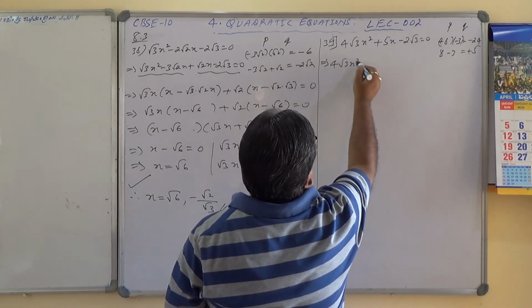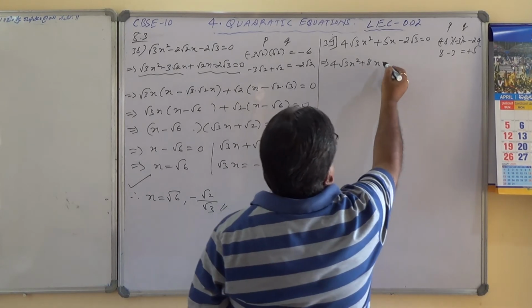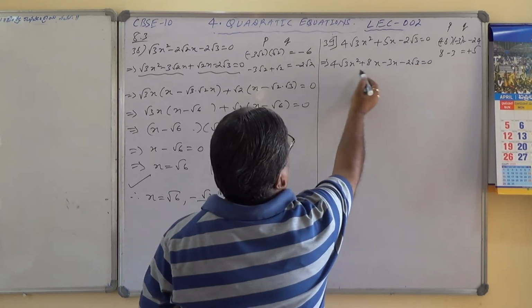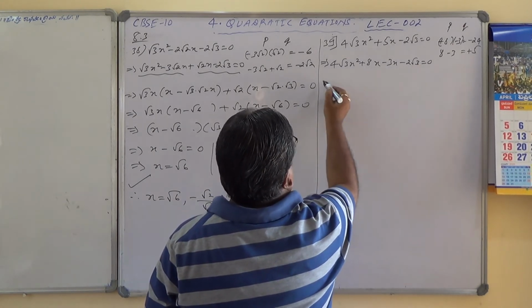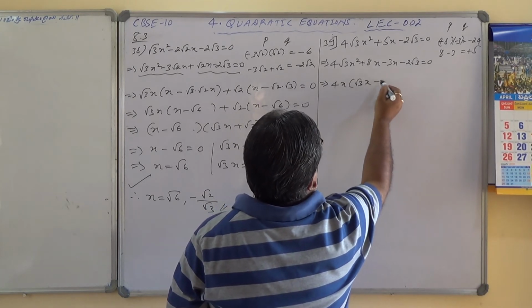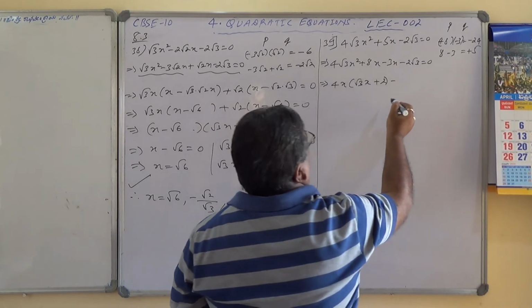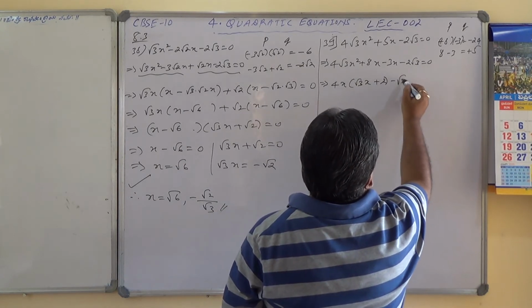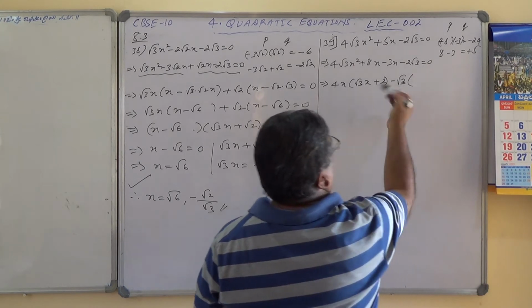4 root 3 x square plus 8x minus 3x minus 2 root 3 equals 0. What is common out of this? I take 4x common: 4x root 3x plus 2, and here minus 3, I'll take minus root 3 common.